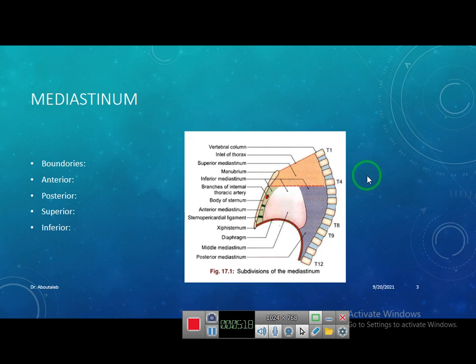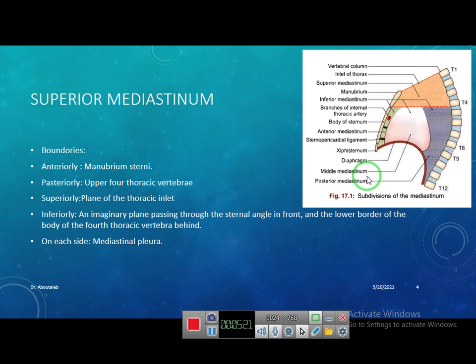So, how about the superior mediastinum? Are there any more about the superior mediastinum? Answer is yes. Let's have a look at the boundaries of the superior mediastinum. The superior mediastinum anteriorly is limited by the manubrium of sternum, here, and posteriorly by the upper four thoracic vertebrae, number 1, 2, 3, and 4.